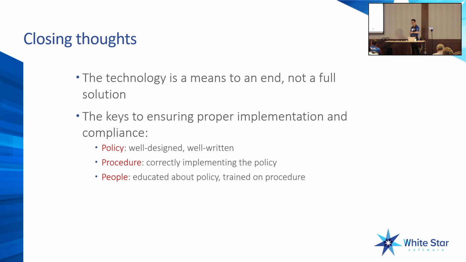You need to have procedures that are robust and well tested that implement those policies. And most importantly, you need people who are educated and trained in what those policies are, how to run those procedures, and why their role in that process is important, and why they should adhere to those policies and procedures. If you don't have that, you're eventually going to run out of compliance. That's just human nature.